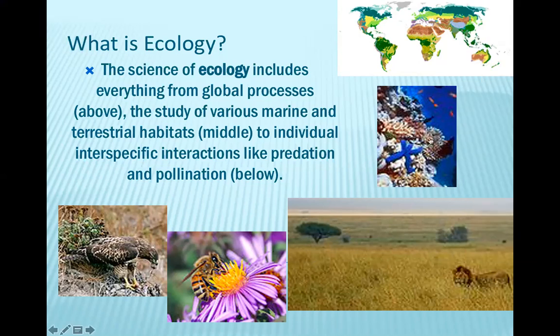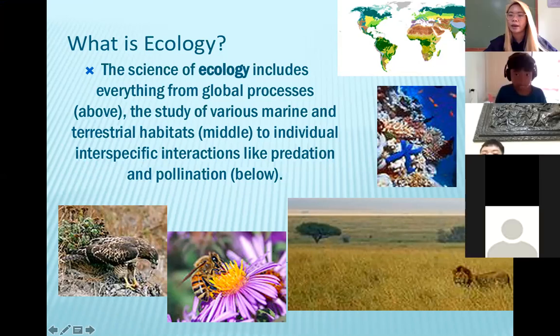Another ecosystem or habitat in the picture, of course, is your marine ecosystem, or underwater. This time it is salt water, so under the sea or under the ocean, okay? And there are other kinds of ecosystems. We will learn all about them maybe by next week as we continue our lesson.